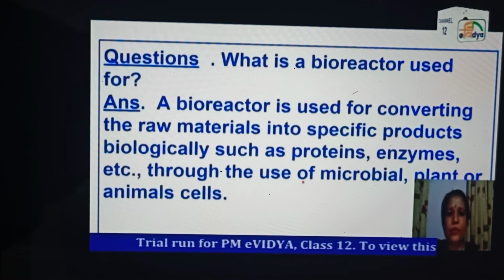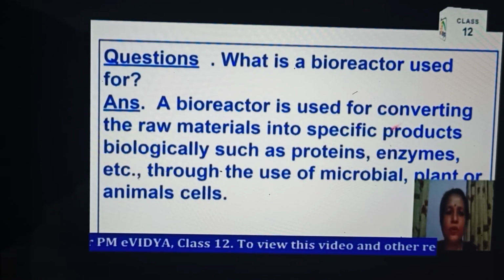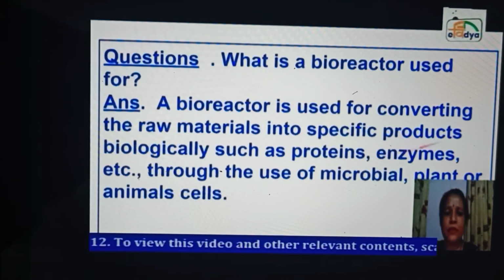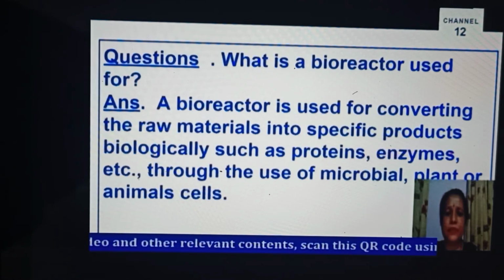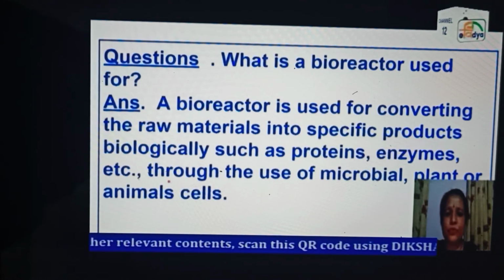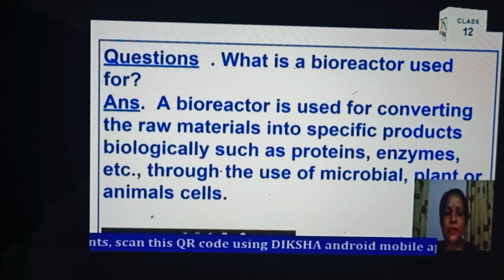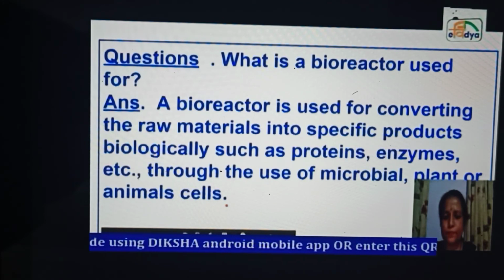What are the bioreactors used for? Bioreactors are used for converting raw materials into specific products biologically, such as proteins and enzymes. So it will use microbial, plant or animal cells for the production of these products.